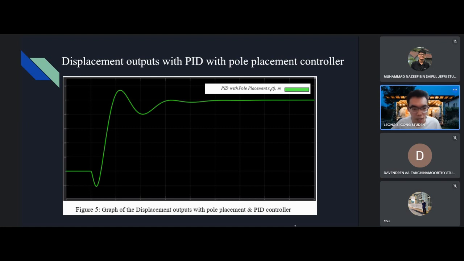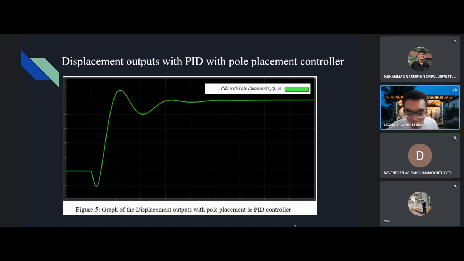For PID, we can see that it has the same functions as the PI, which is to reduce the steady state error, but then it can perform better than PI.